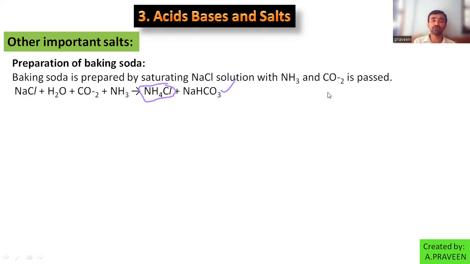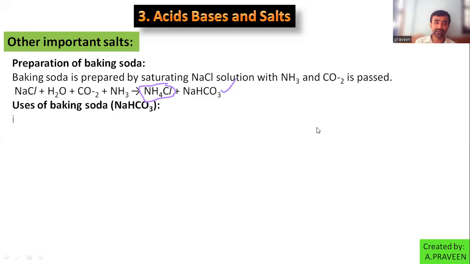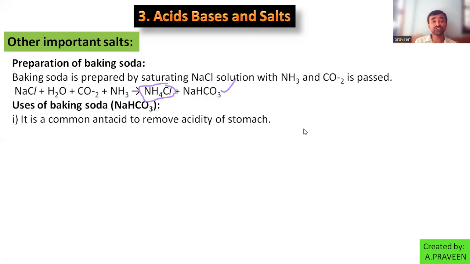So the baking soda common formula is NaHCO3. That is chemically called sodium bicarbonate. Sodium bicarbonate is used in different ways in our day-to-day life. Here it is used as an antacid, mild basic in nature and non-corrosive.